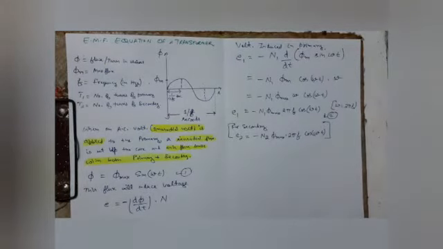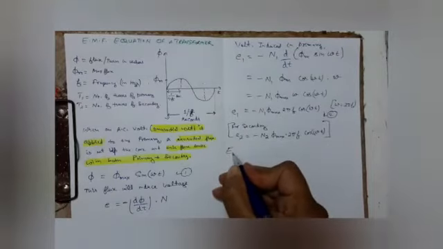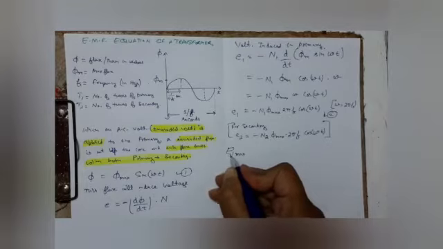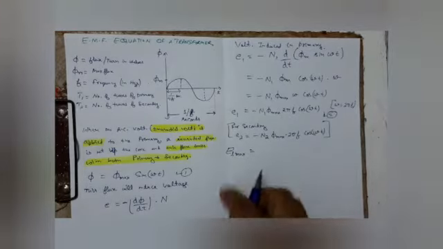So this is the value of voltage induced in the primary. We are interested to know the maximum value of EMF induced in the primary, that is E1 max. So what will be the value of E1 max?